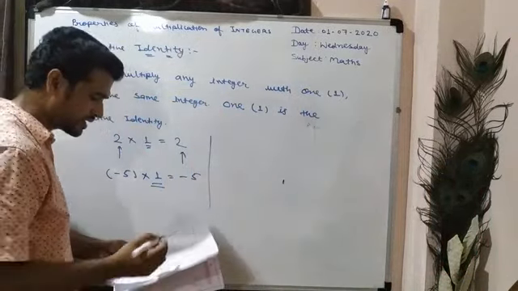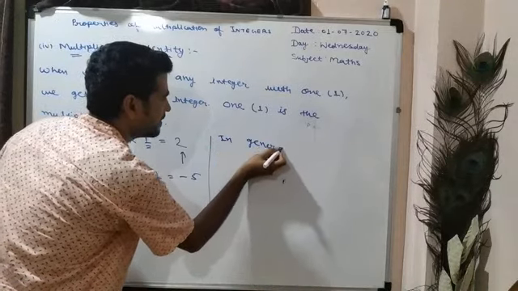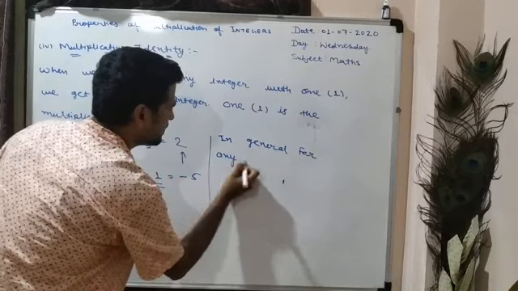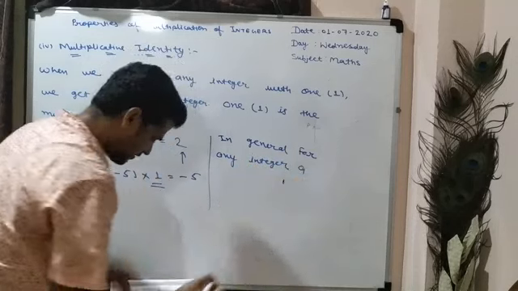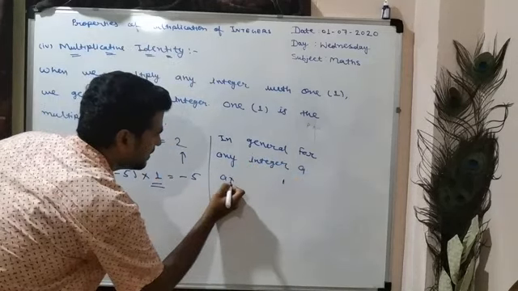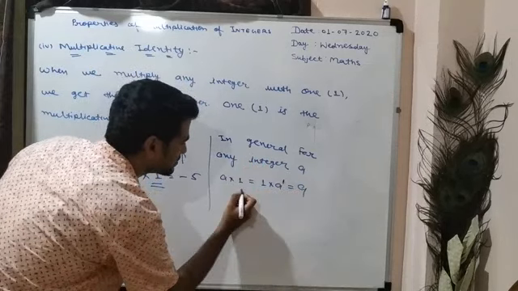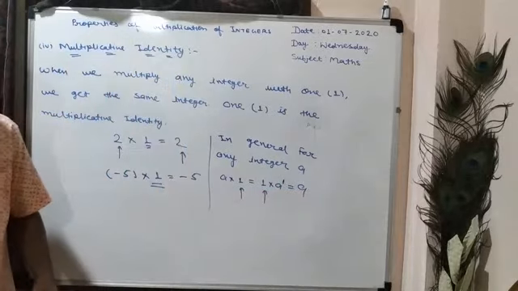In general, for any integer a, we write a into 1 is equal to 1 into a is equal to a. So here this 1 is the multiplicative identity.